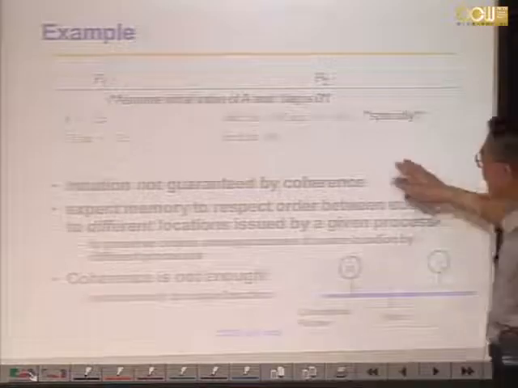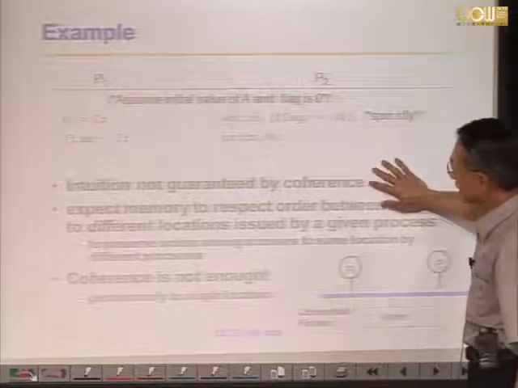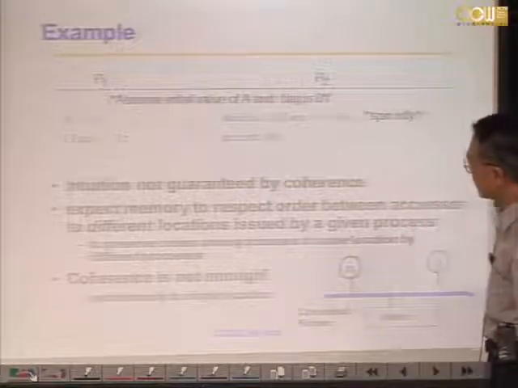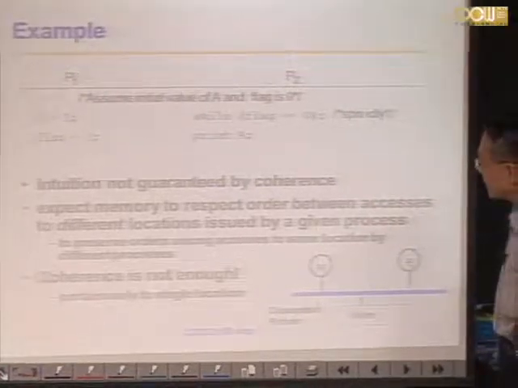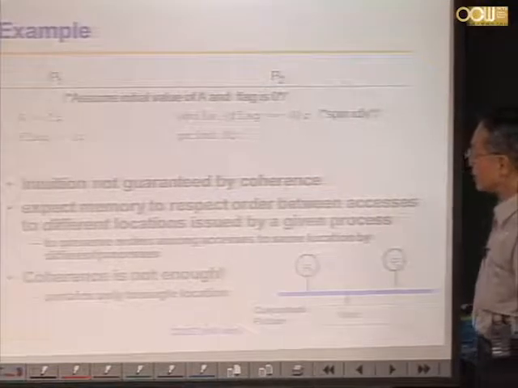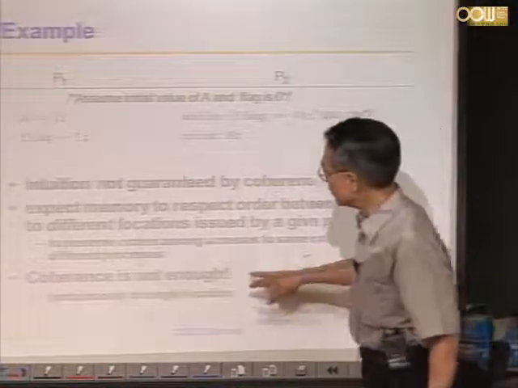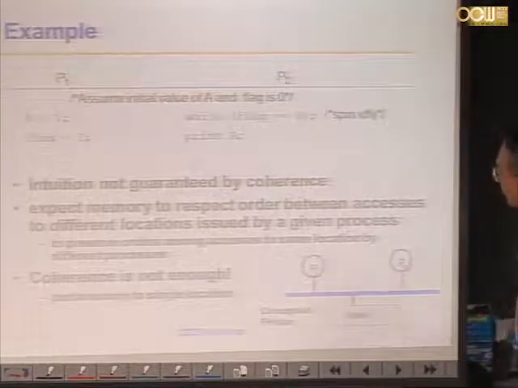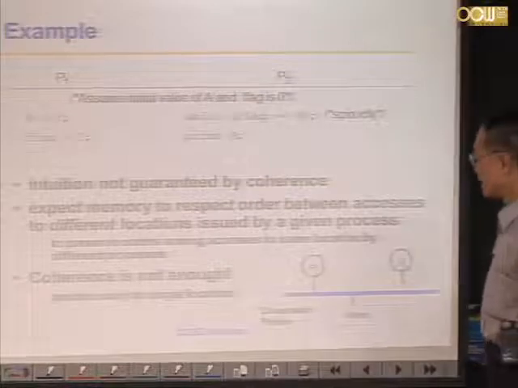So intuition is not guaranteed by coherence. Expecting memory to respect order between accesses to different locations issued by a given processor is way too impractical. So to preserve orders among accesses to the same location by different processes, we need some design.